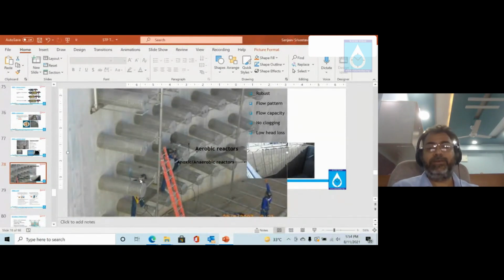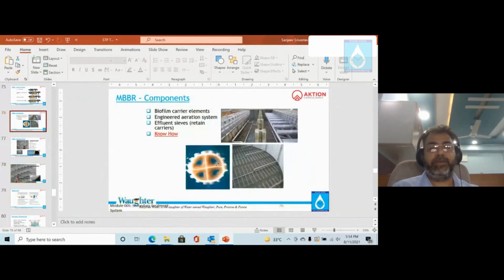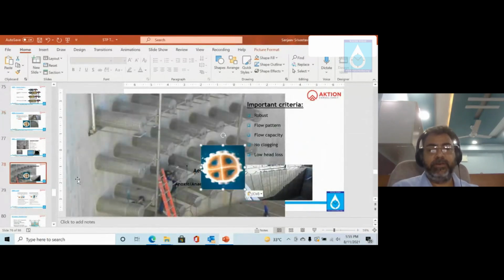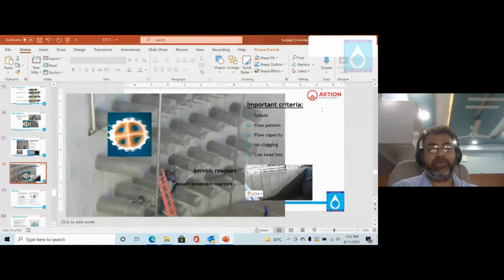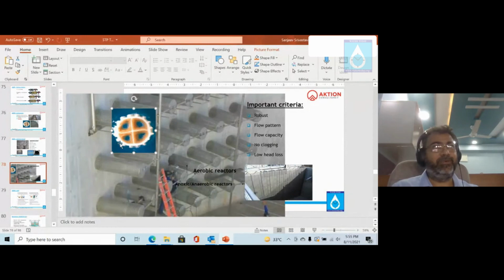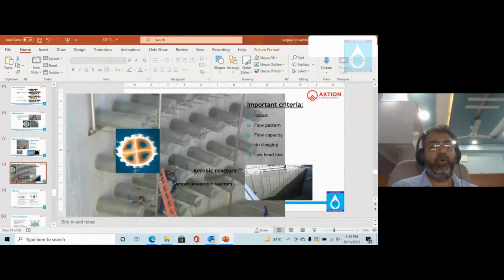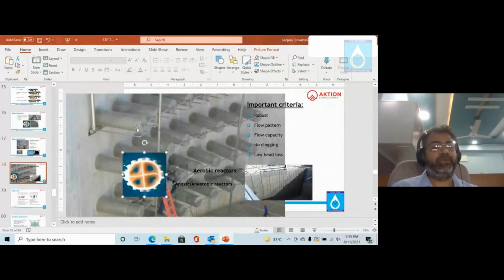What exactly it is doing is, if I take this plastic carrier, copy it and paste it here, you will understand. So if this carrier is going very near to the screen, do you want a velocity? The answer is no, you do not want velocity. So water in the hole should enter almost at no velocity.